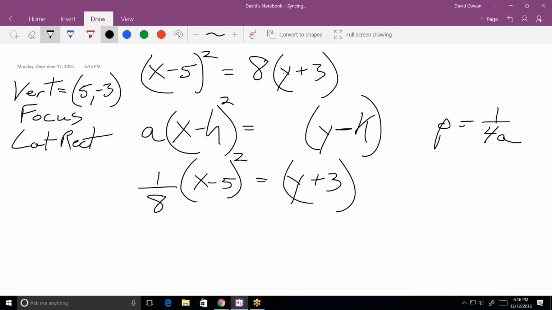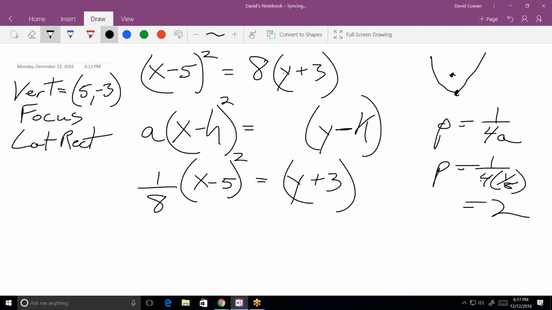What is the focal length? 2, which is P. Yes, because P equals 1 over 4 times 1/8, which is 1/2, so P equals 2. We knew it was a parabola opening up, and that P is going to be a positive number because it's the distance from the vertex to the focus.